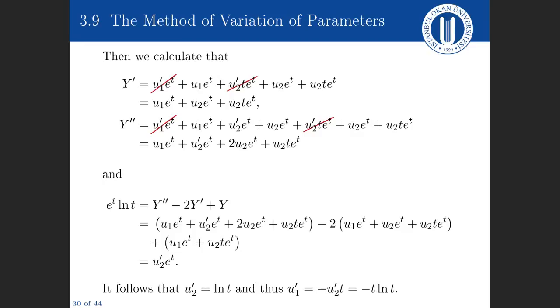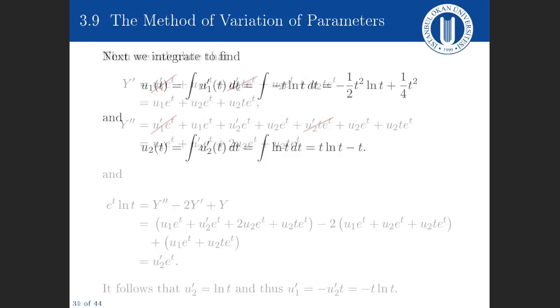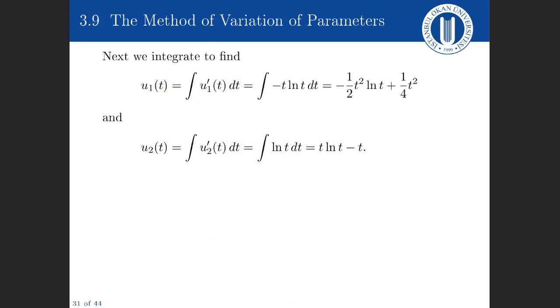Remember, our extra condition was that u1 prime plus u2 prime t is equal to 0. Rearrange that. Now that we know that u2 prime is natural logarithm of t, u1 prime must be minus t natural logarithm of t. We're going to integrate these. Here they are.